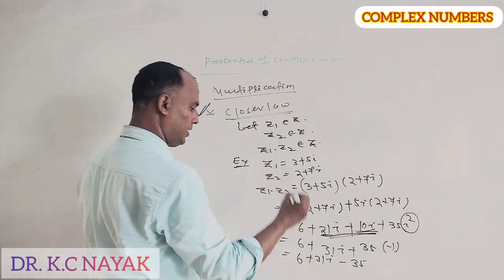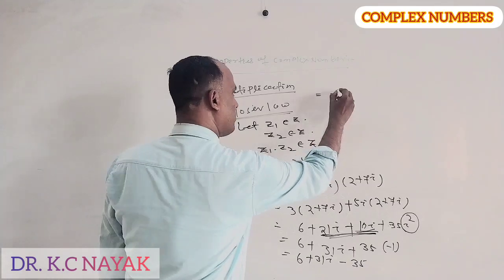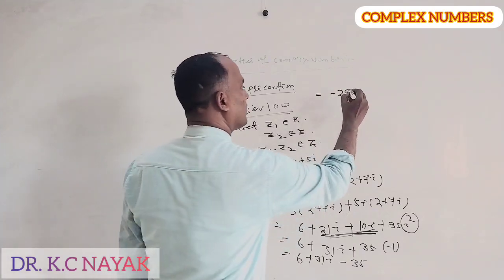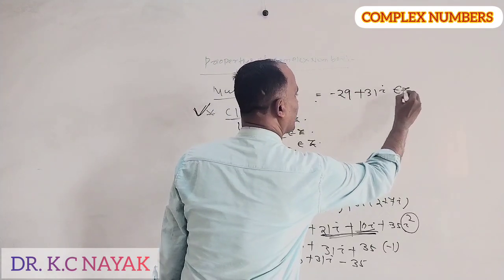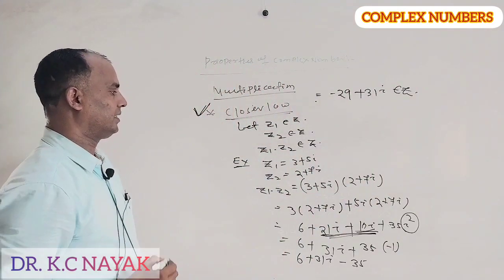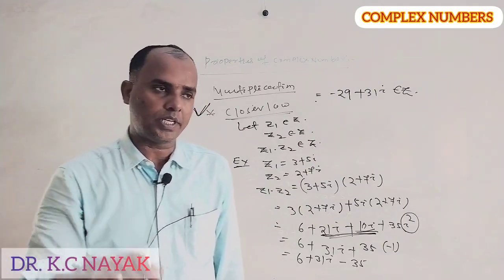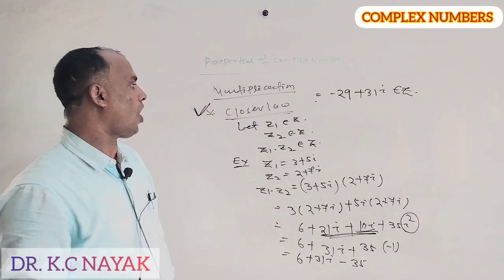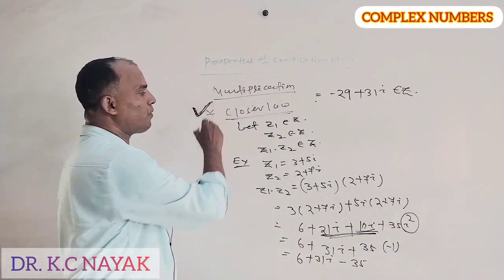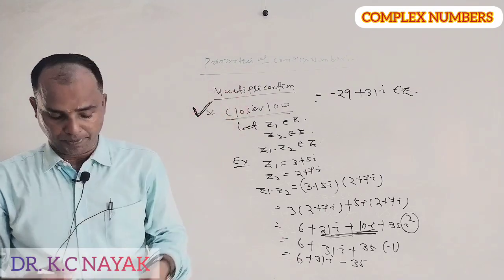Hence 6 minus 35 is the real part, so minus 29 plus 31i. Does it belong to Z or not? Yes, it belongs to Z. That means if Z1 belongs to Z and Z2 belongs to Z, then Z1 into Z2 also belongs to Z. That is the law of closure property in the case of multiplication.